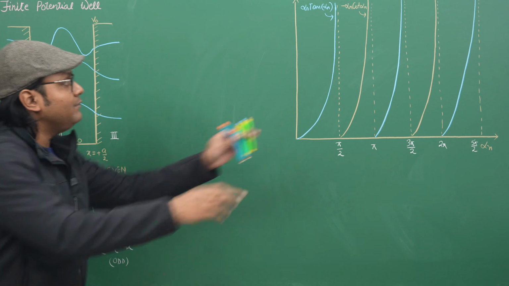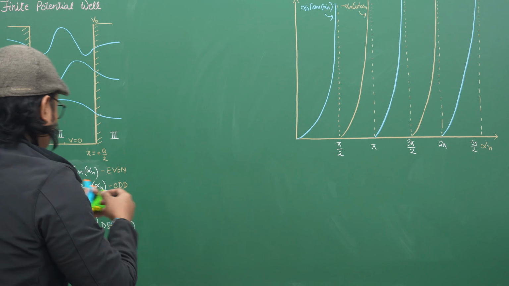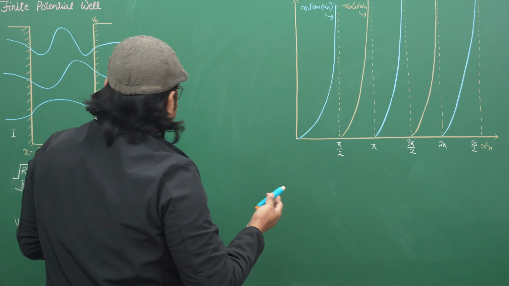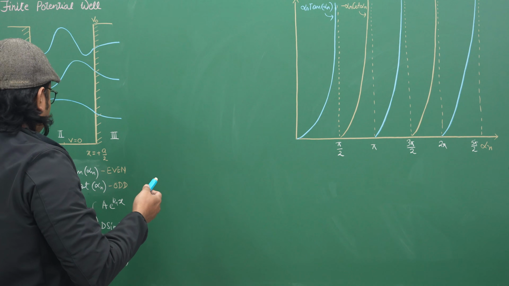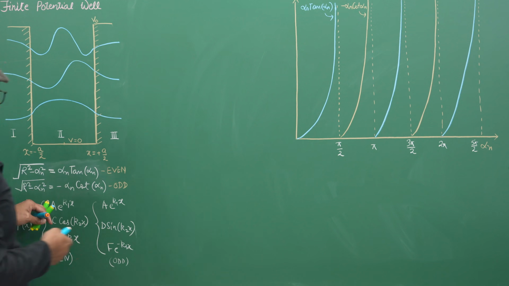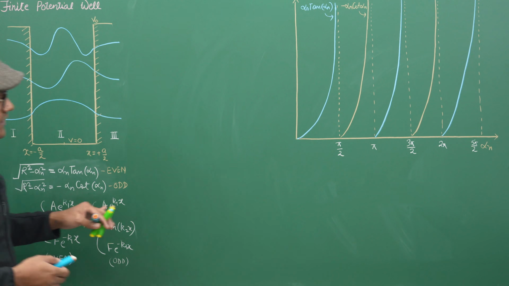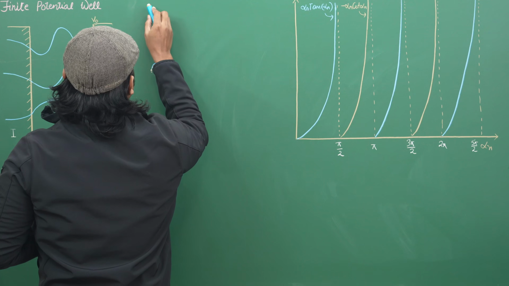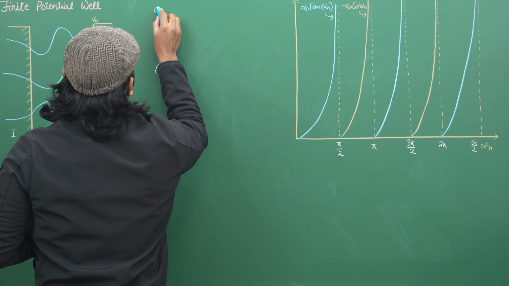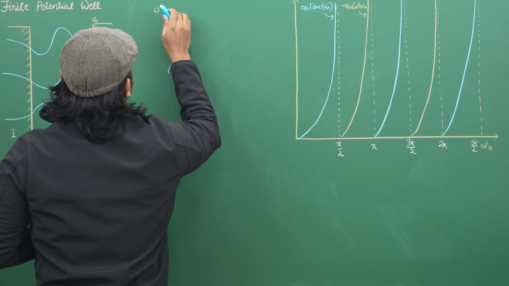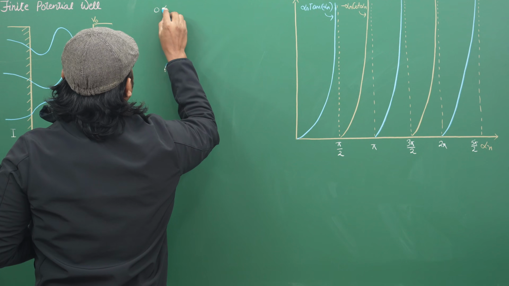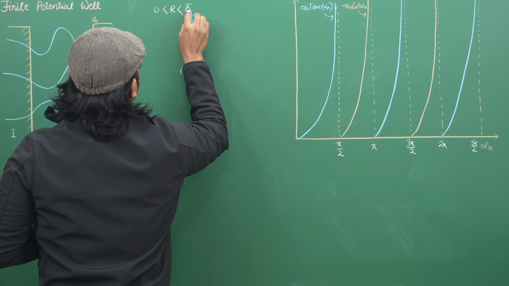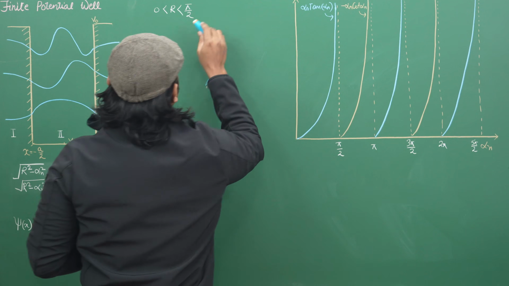So I want to make a table so that we can figure out what information we can gather from here. One possibility is that the circle that I'm talking about, the left hand side, has a radius which is less than pi by 2. So let's suppose that we have r greater than 0 but less than pi by 2.